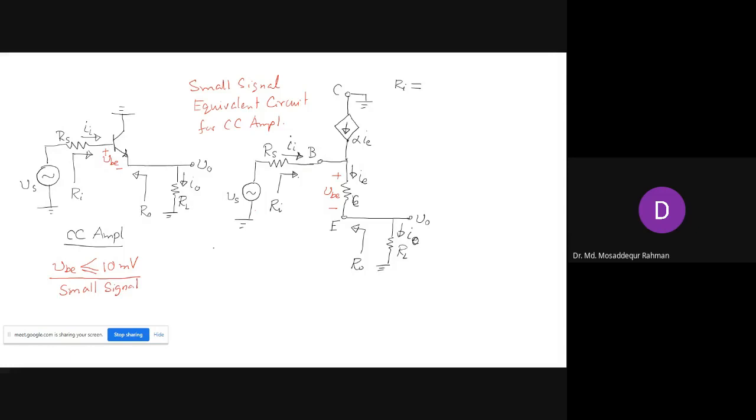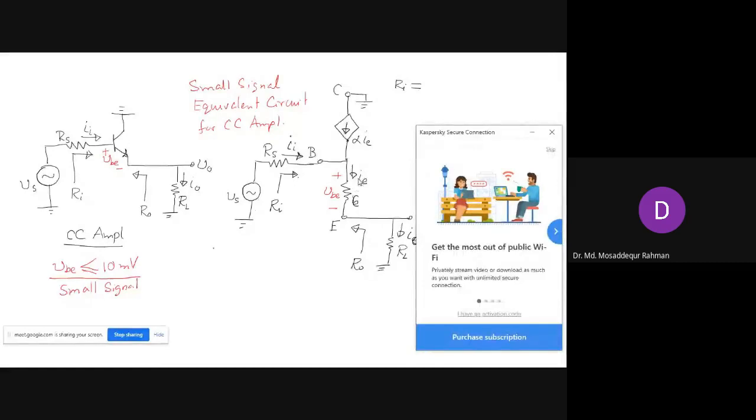Oh no, sir, only RE. Only RE? Yes, sir. How only RE? Sir, because RL is not part of this amplifier. RL is not part of the amplifier, but RL is there, no?